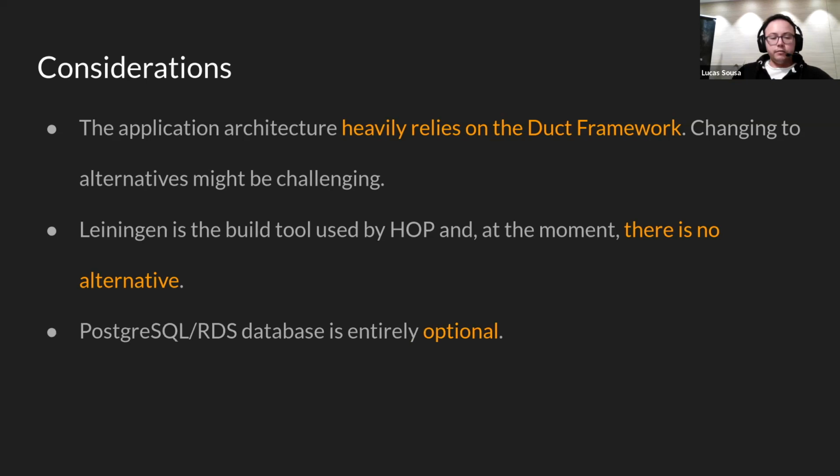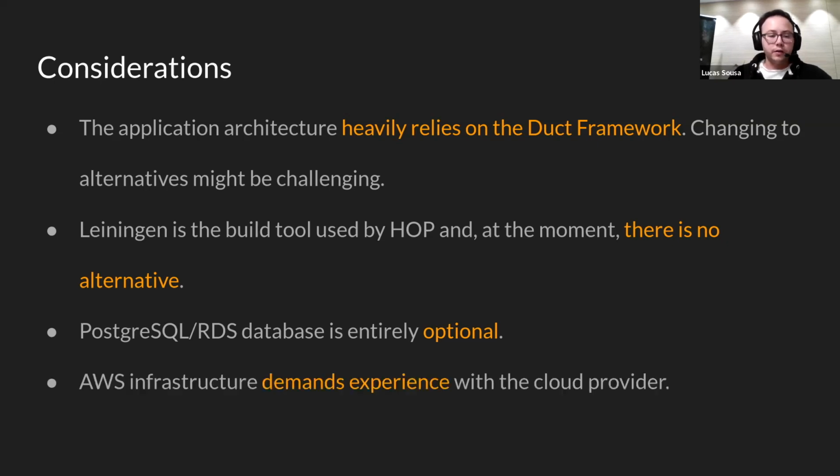And as I said, the database is optional. You can use any database you want. We give the optional database that's Postgres, and in the case of AWS, the RDS service for Postgres, but you can choose to not use it and use something else. The AWS infrastructure is, as I said, very opinionated, and it demands experience with the cloud provider.